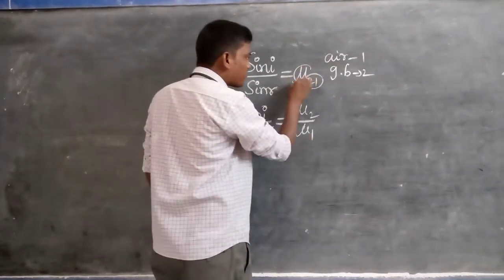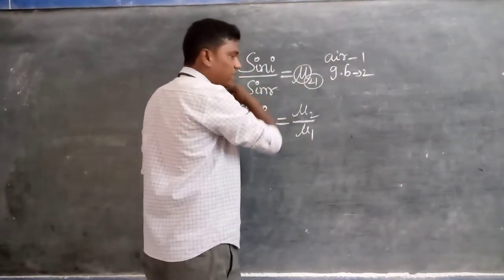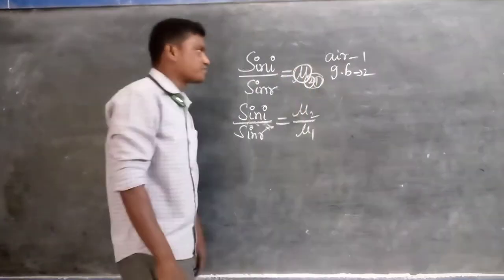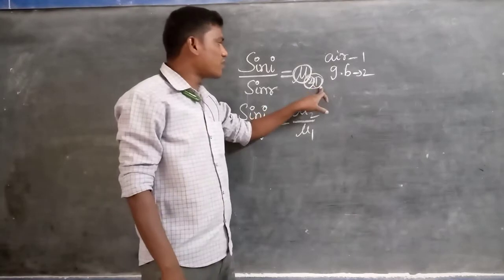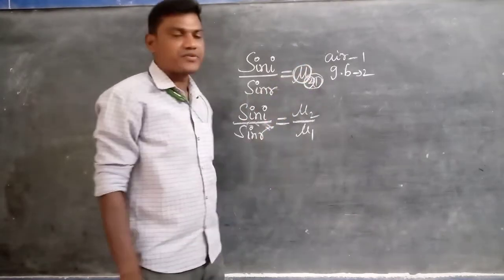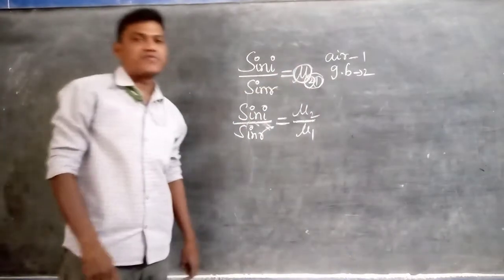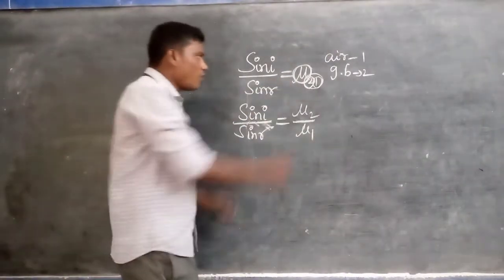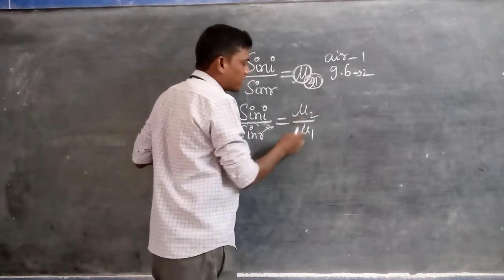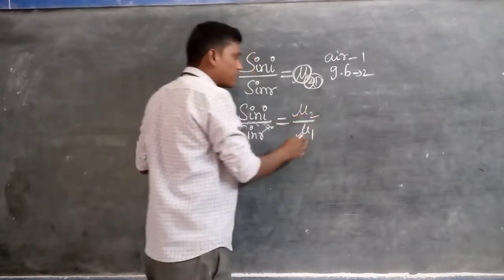So the refractive index of the second medium with respect to the first means light travels from first to second, and you find the refractive index of the second medium. So mu of 2 1 is nothing but, as I already proved in relative refractive index, mu2 upon mu1.